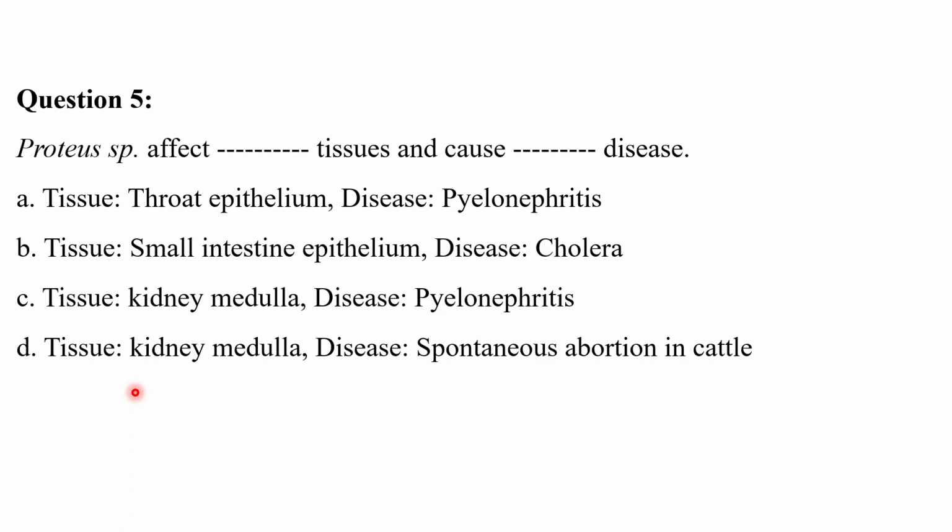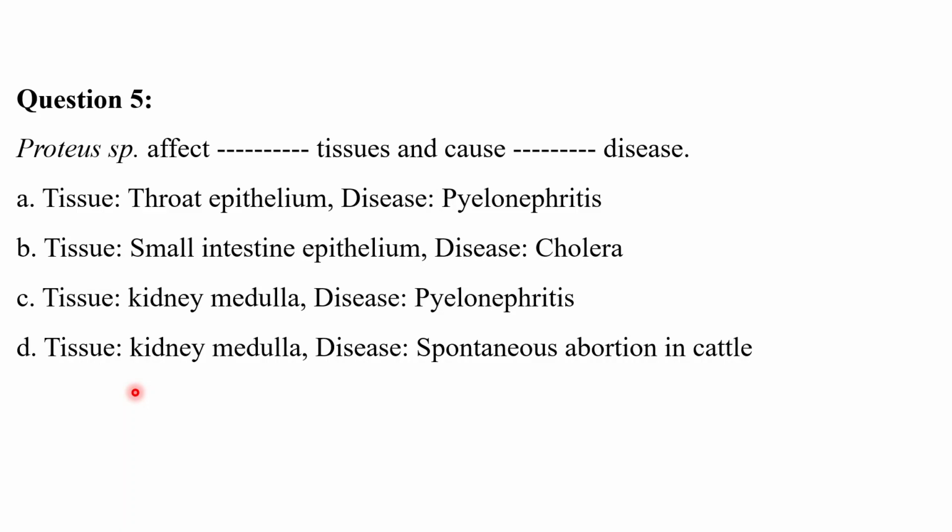Option B, small intestine epithelium and cholera. Option C, kidney medulla and pyelonephritis. And option D, again kidney medulla and the disease is spontaneous abortion in cattle.